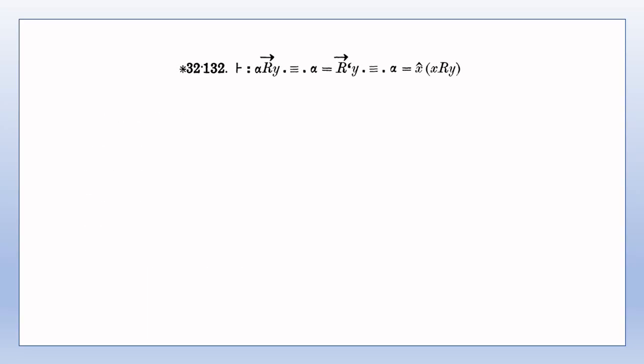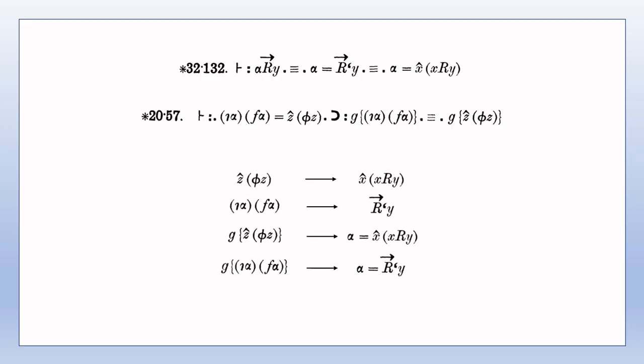R right arrow primed y is a description, and by definition 30.01 this is equal to the alpha which has relation R right arrow to y. So by an application of 20.57, and okay, it doesn't really have any real bearing on the demonstration, but I may as well point it out anyway. Note that the form of 20.57 used in the demonstration of this proposition is of a slightly different form to the form given in the statements of 20.57 in Principia Mathematica.